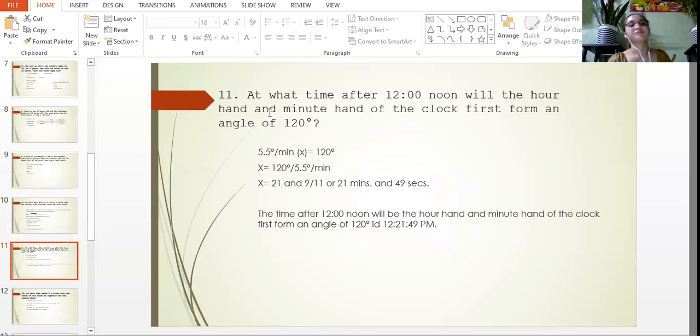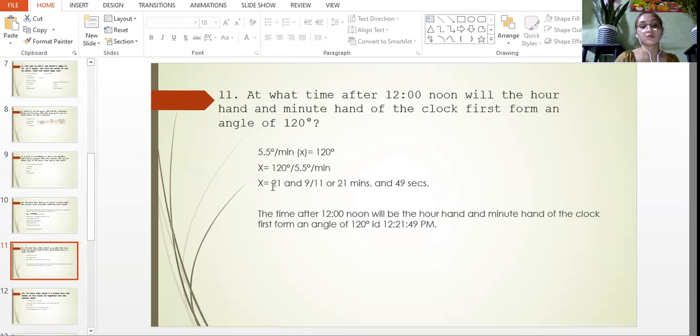So number 11. At what time after 12 noon will the hour hand and minute hand of the clock first form an angle of 120 degrees? So 5.5 degrees per minute times the quantity of x is equal to 120 degrees. So x is equal to 120 degrees over 5.5 degrees per minute.